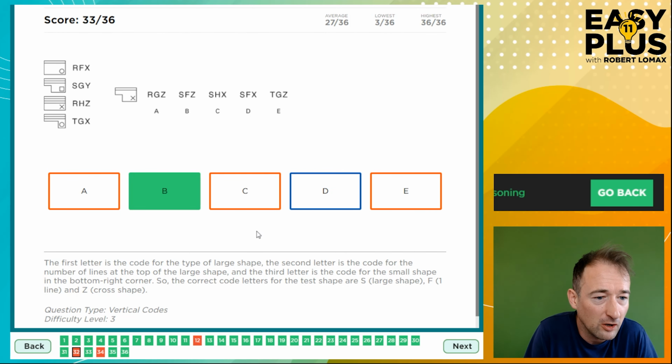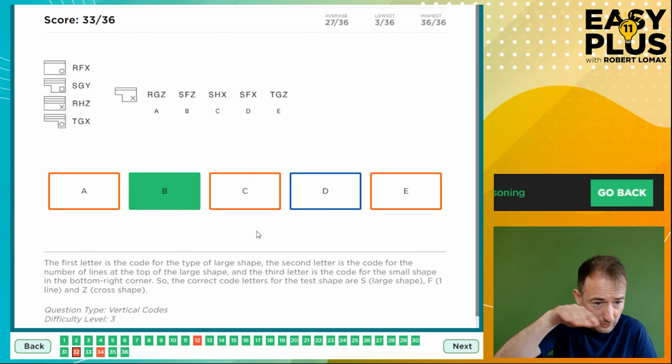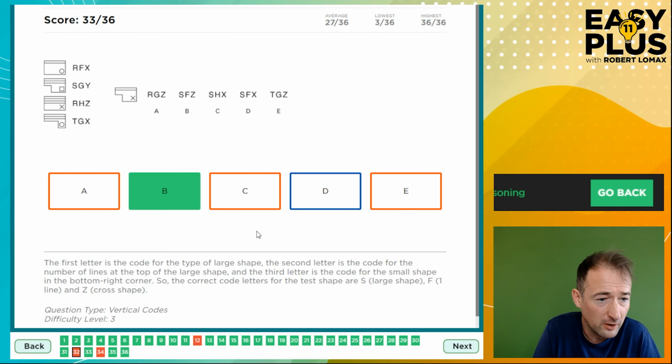I said left-hand column is the outer shape, so R would be for a big rectangle, but here we've got one with a little chunk cut out of the corner, so that matches the second one, so it starts with S. Okay, so that's B, C or D, those 3 options. Then the second letter, you can see that G matches having the 3 lines striping across the top. Here we've got 2, so that's F. So we've got SF, that's the one, SF.